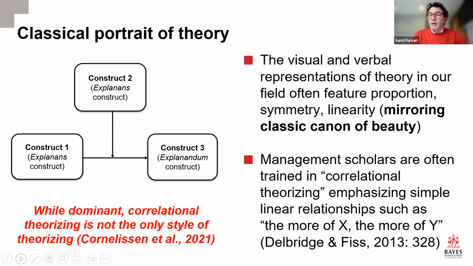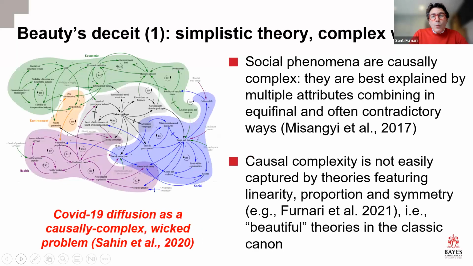Think, for example, about this beautiful paper, I would say, in its own right, by Joop Cornelissen, Marcus Euler and co-authors in organization theory. Now, why is this a problem? And is this a problem? Now, a classical canon of beauty in theorizing and in theory is not a problem in its own right.